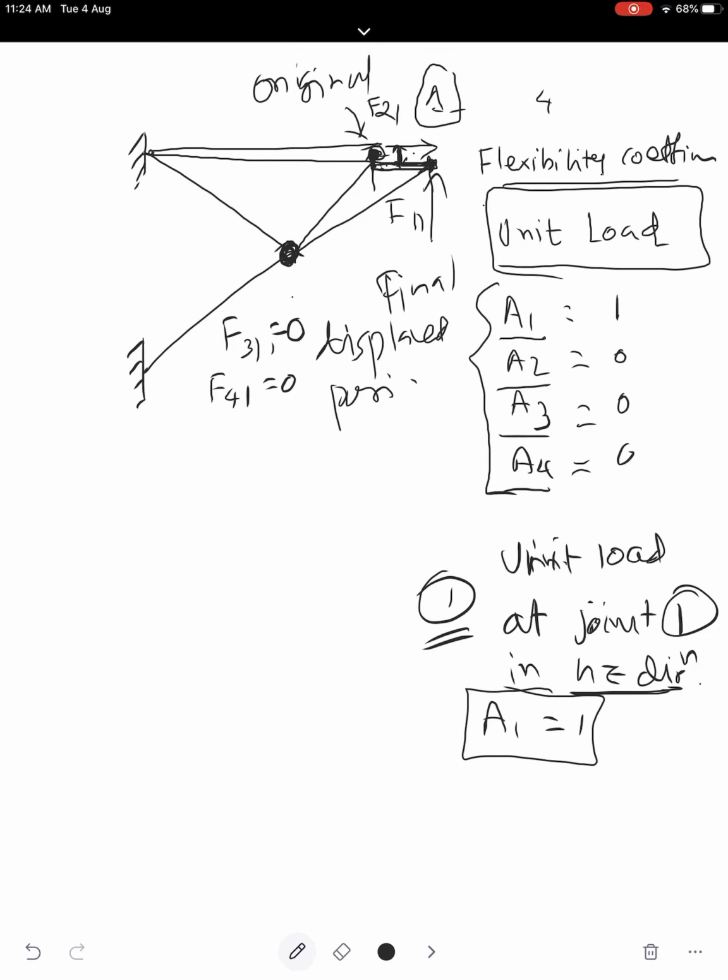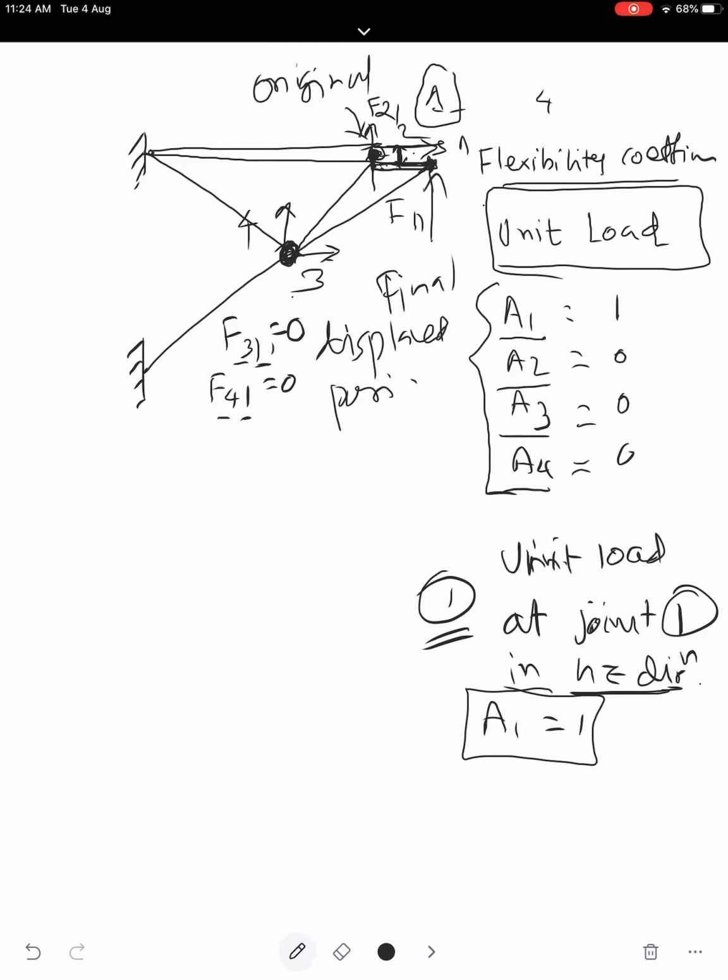F31 and F41, because we have applied unit load at 1, and this we are calculating at 3 and 4. This is our joint 3 and 4. This is just the numbering, horizontal displacement and vertical displacement. Here 1 and 3 will be horizontal, 2 and 4 will be vertical direction. So F41 and F31 should be 0.